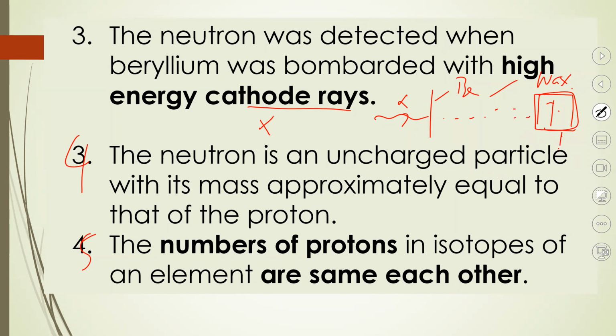Actually, this is an ionic detector, the Geiger counter. Whenever ions collide and strike the surface, it will show some kind of movement. They didn't see anything. Then they placed wax in front of the detector, between the beryllium sheet and the detector.